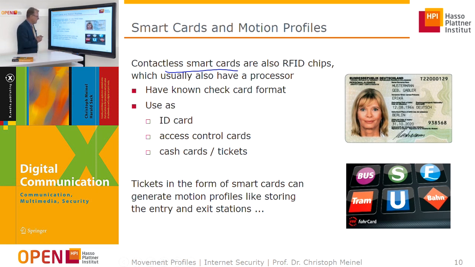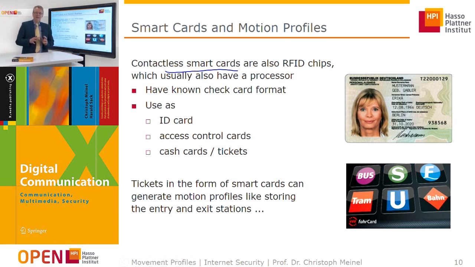So tickets, for example, in the form of such smart cards, can generate motion profiles, like storing the entry or exit stations. Here are some examples, for example, a smart card for the usage of public transportation.